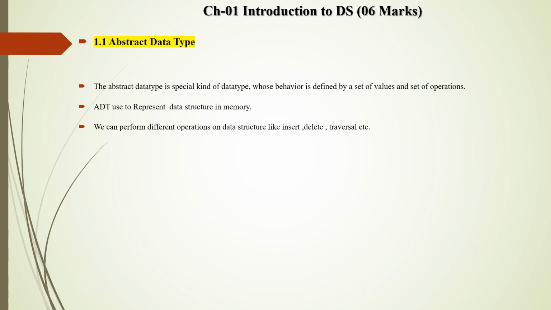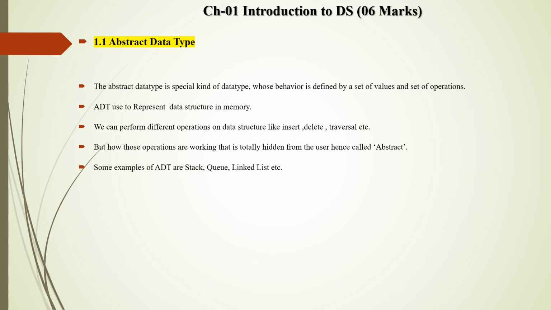We can perform different operations on data structure like insert, delete, traversal, etc. But how those operations work is totally hidden from the user, hence it is called abstract. Some examples of abstract data types are stack, queue, linked list.